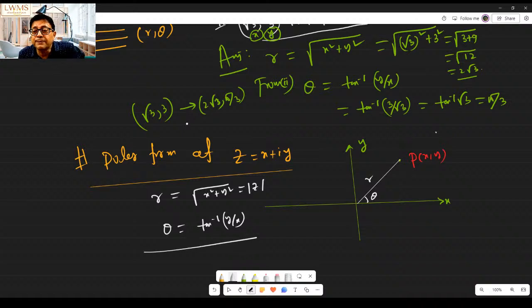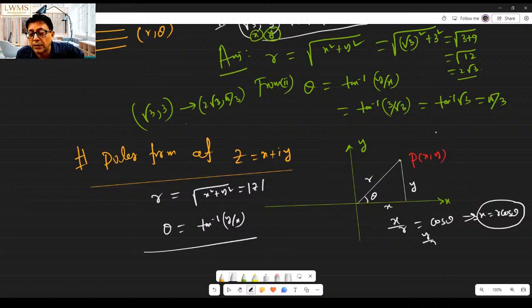So if we want to express this now, x is going to be what? X by r is cos theta. This implies x equal to r cos theta. Y by r equal to sin theta, so y equal to r sin theta. Clear? So what is z now?